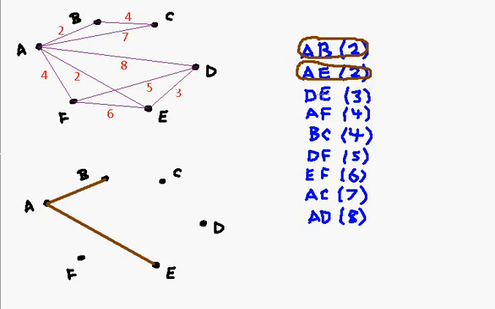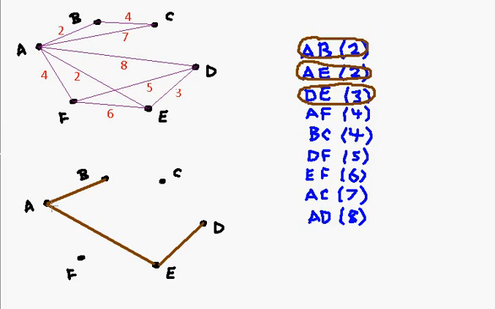Now I'm going to look at DE. I can see that that won't create a cycle either, so I continue. Okay, and I will have that one, so I circle it. Next up is AF.